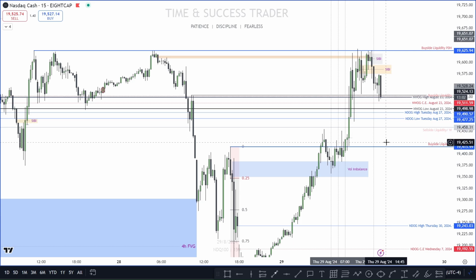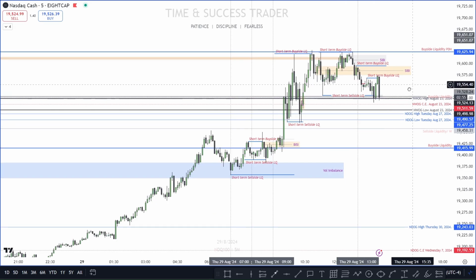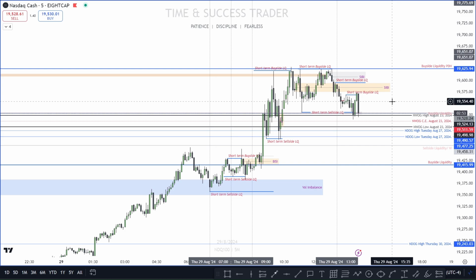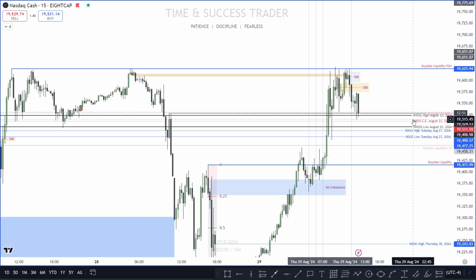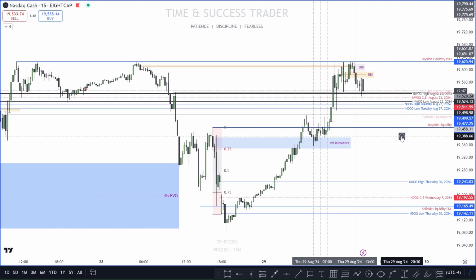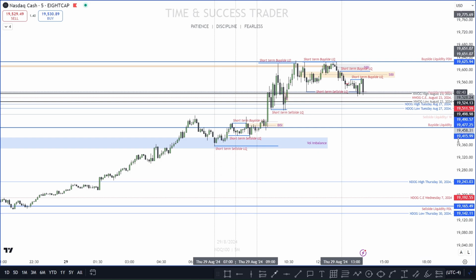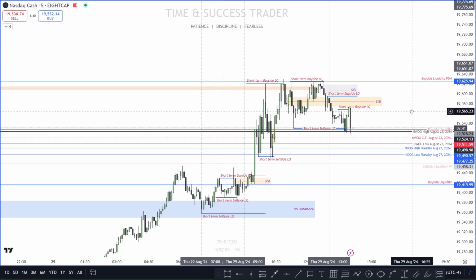We have to get past this area before we consider any sells on the 15 minutes. Let's look at the 5 minute. Let me take a picture of this after a run like that, and then let's move on to a 5 minute. Let's take a picture of that.